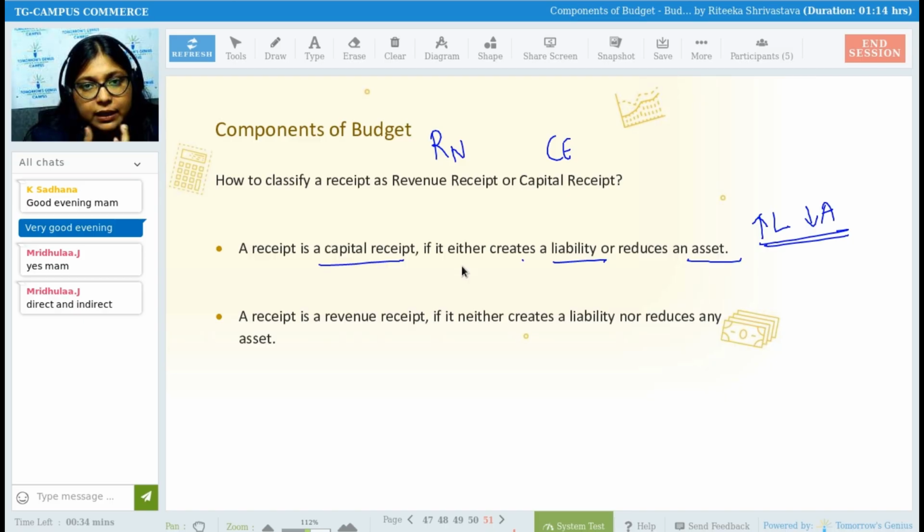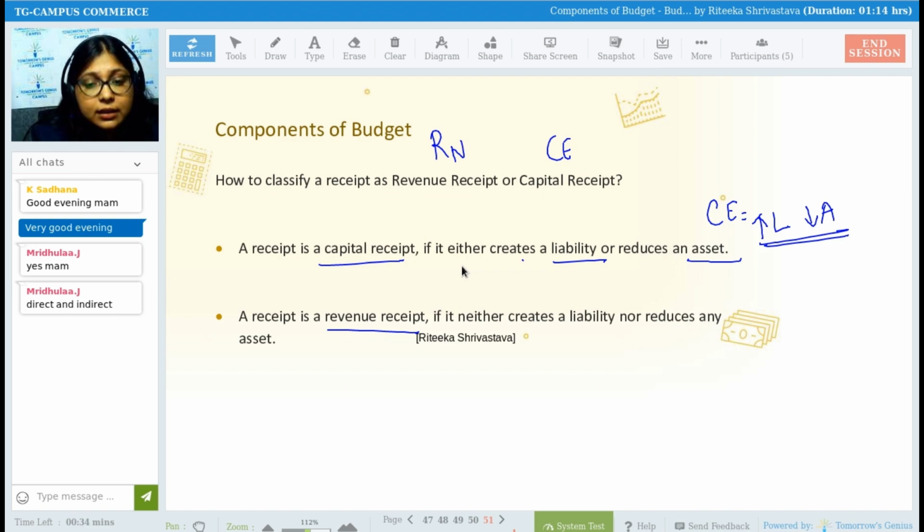If you feel that this is an easier way to remember, then this can also be noted down. Capital receipts are those receipts wherein it will create liability for the government or else reduce the assets of the government.